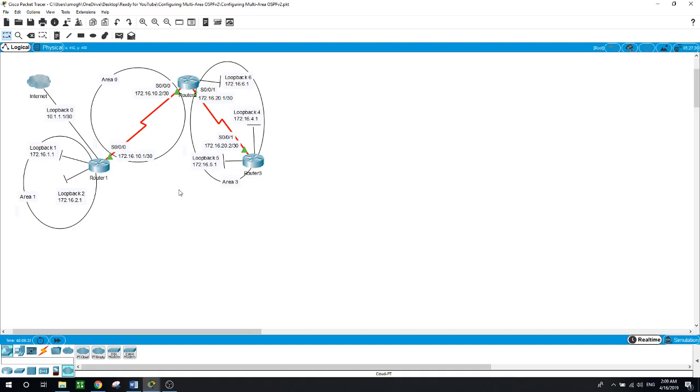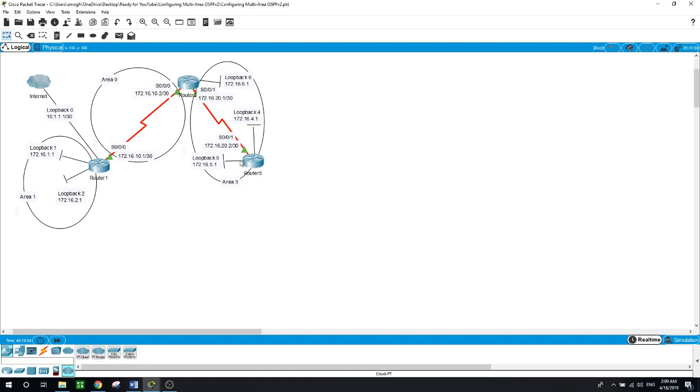Because router 1 is located in area 0 and area 1, these loopbacks in area 1 and area 0, and router 2 is between area 0 and router 3. That's why we call them the ABR routers, or area border routers.